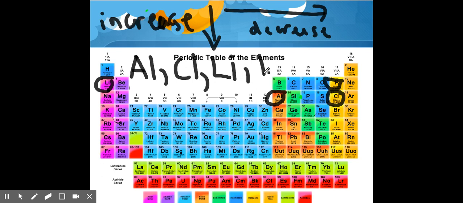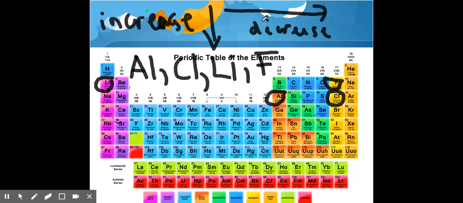Notice I keep repeating the reasons why each of these elements is the largest or smallest, and that is because you will be responsible for that. I will give you these arrows like I have at the top saying increase or decrease for each trend, but it's important that you can describe why each one will be the largest or smallest.